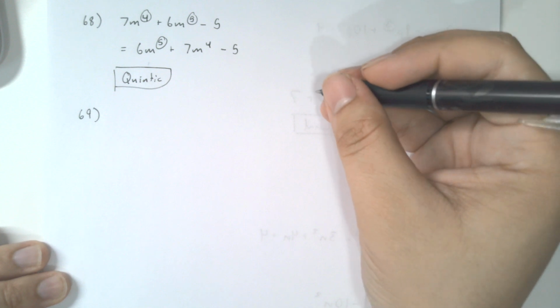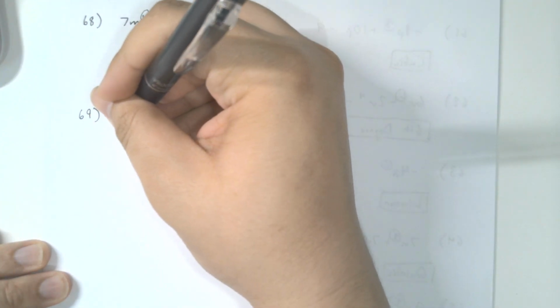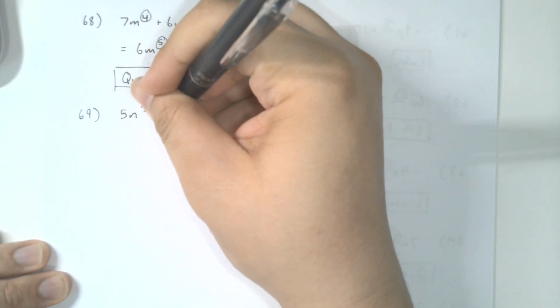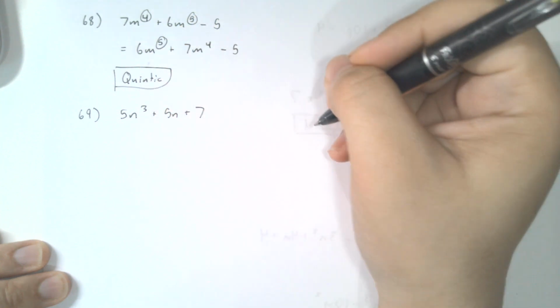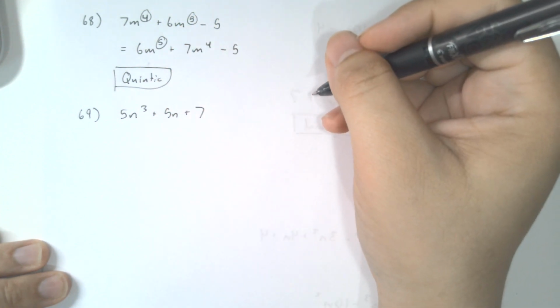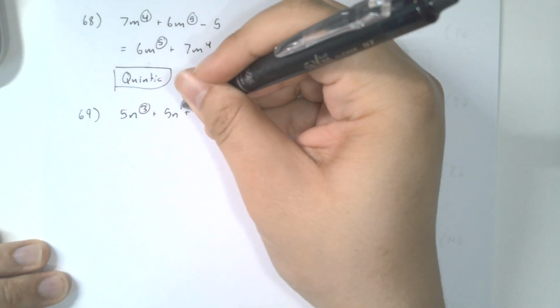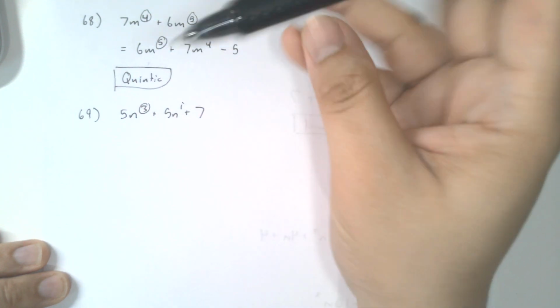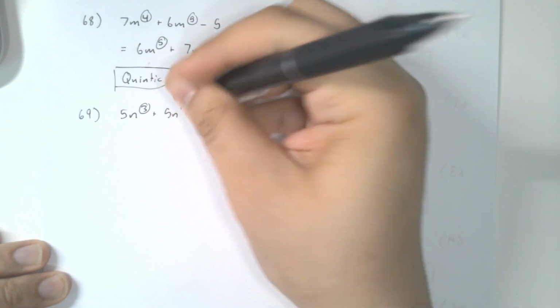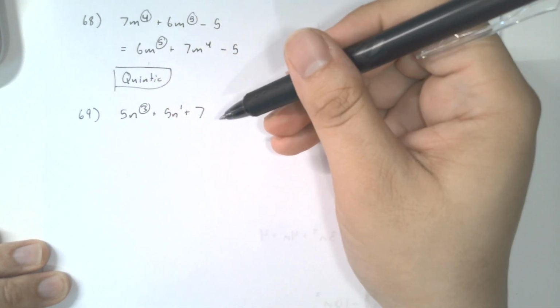All right, for the next one, we have 5n cubed plus 5n plus 7. This one actually is already in standard form. We have a 3, implicitly a 1 here, and then we have n to the zeroth here.